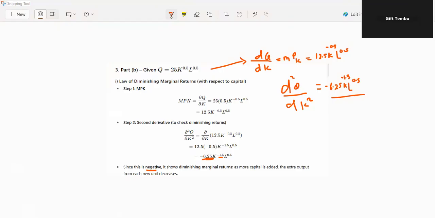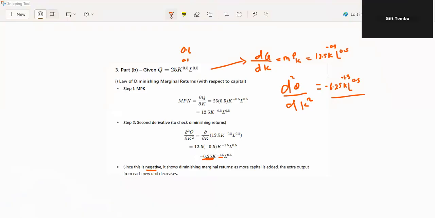From the powers, when you add them and you get 1, it's constant returns to scale. If here we had 0.1 and here 0.5, it would have been diminishing returns to scale. But if there was 0.6 and 0.5, when you add them you get 1.1, this is increasing returns to scale. As it is, it's constant returns to scale.